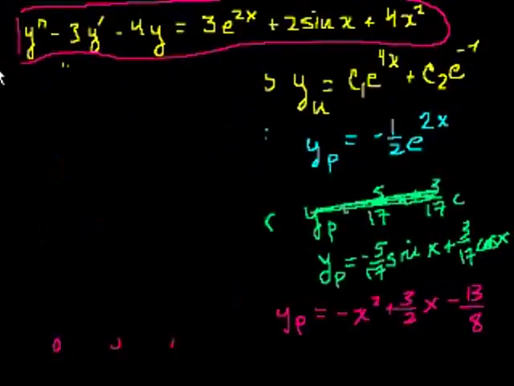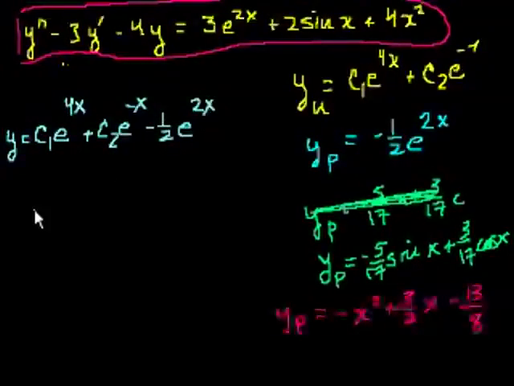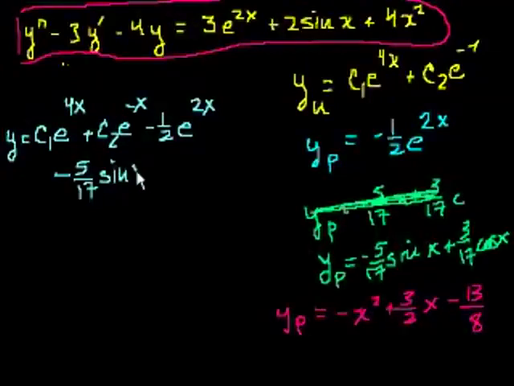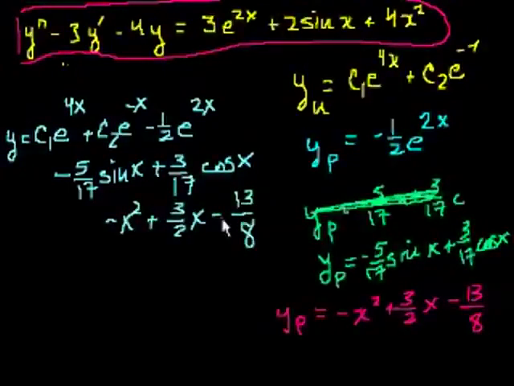So the solution is going to be, I'll do it in baby blue, the solution to the homogeneous, c1 e to the 4x plus c2 e to the minus x, minus 1/2 e to the 2x, and I'll continue this line, minus 5 over 17 sine of x plus 3 over 17 cosine of x minus x squared plus 3 halves x minus 13 over 8.